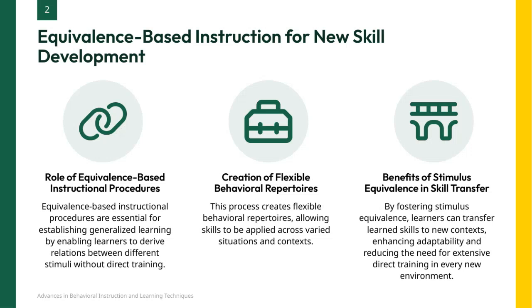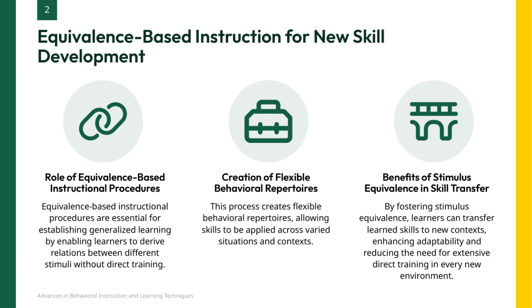Equivalence-based instructional procedures play a crucial role in helping learners make connections between different stimuli without needing to be directly taught each relation. This approach supports generalized learning, meaning learners can apply what they've learned beyond the specific examples they've encountered. As a result, it helps create flexible behavioral repertoires.